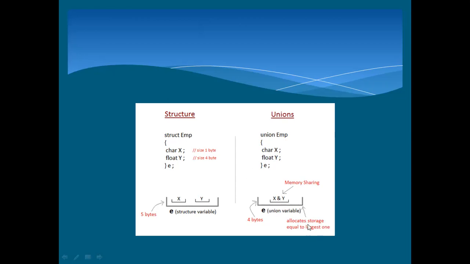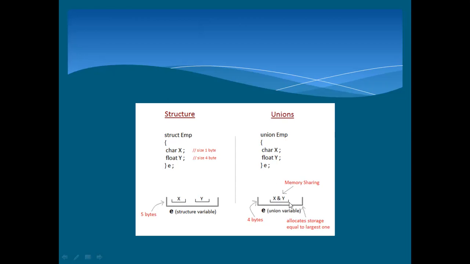It allocates storage equal to the largest one. At the same time, in the structure, for each member they are going to allocate a separate memory, whereas in the union, only one memory location is allocated. That is the highest memory required. So here we have separate memory locations, and here we have only one memory location. So by that you can observe, for X we have a separate memory location, and for Y we have a separate location.